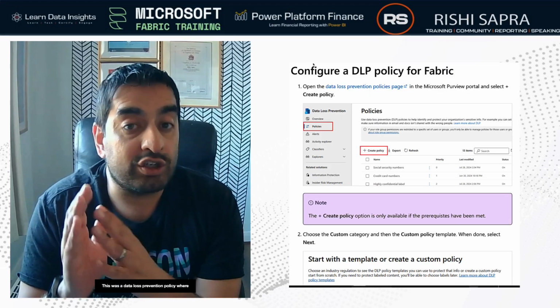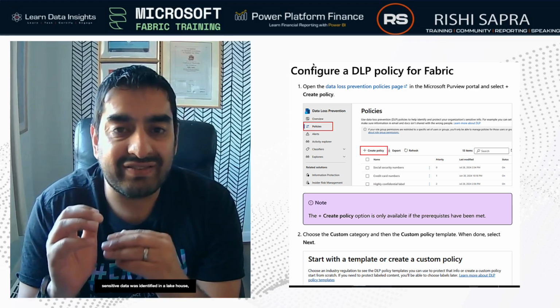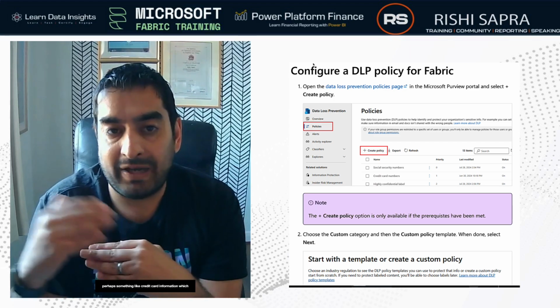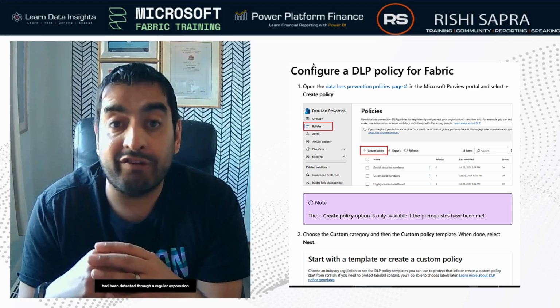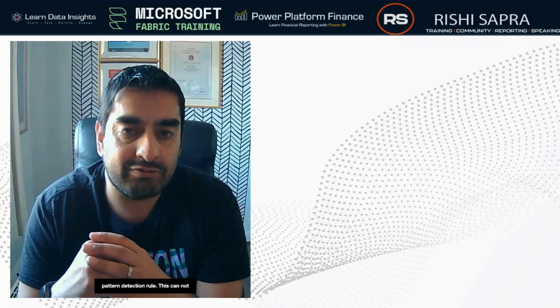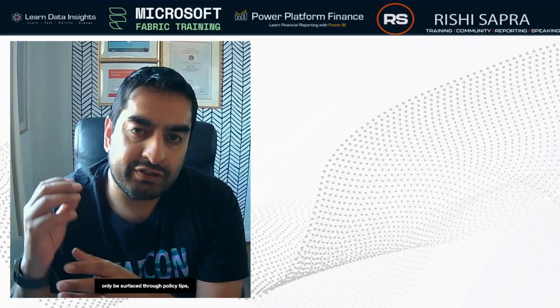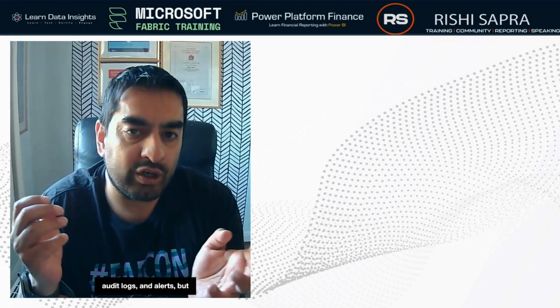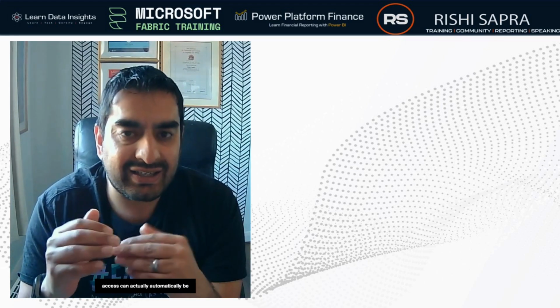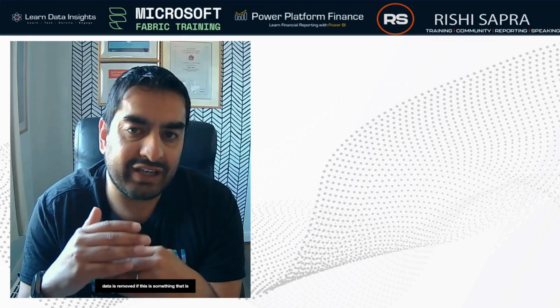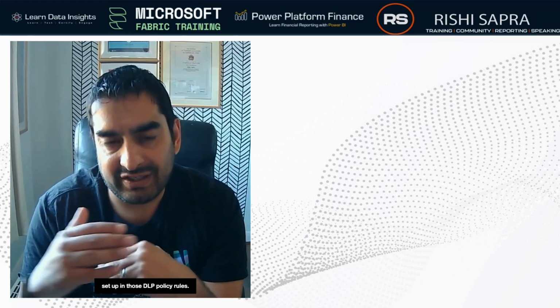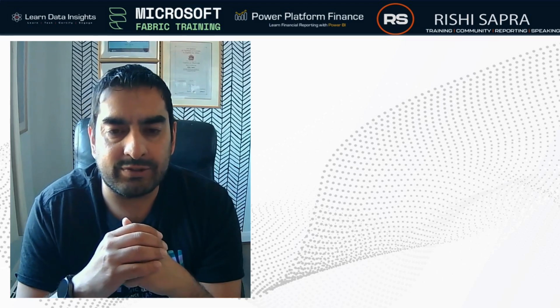This was a data loss prevention policy where sensitive data was identified in a lakehouse, perhaps something like credit card information, which had been detected through a regular expression pattern detection rule. This can not only be surfaced through policy tips, audit logs, and alerts, but access can actually automatically be restricted until that sensitive data is removed if this is something that is set up in those DLP policy rules.